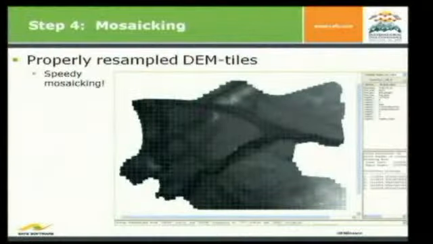Now, the result in this case was a data set where we had 700 different elevation models, or tiles. What we found out was that if you have all of these tiles in a uniform resolution and coordinate system, it's very fast to glue them together into a single Vertical Mapper TAB file.